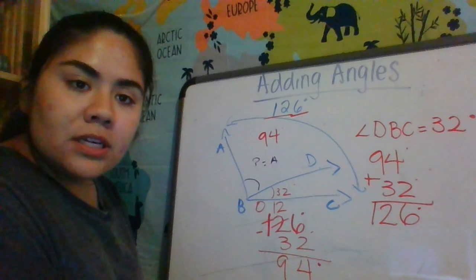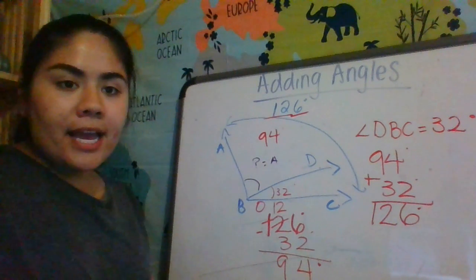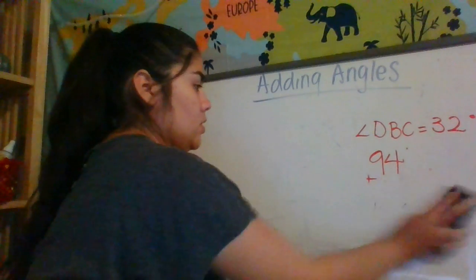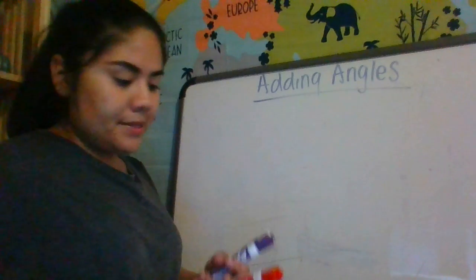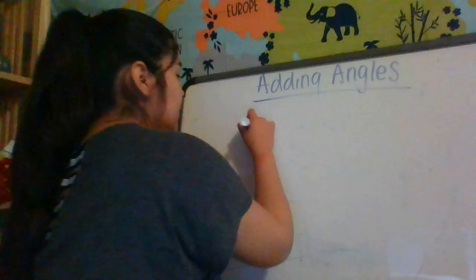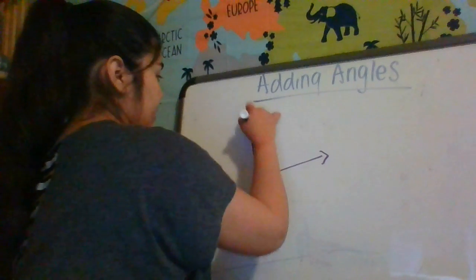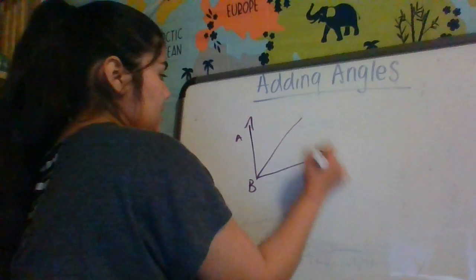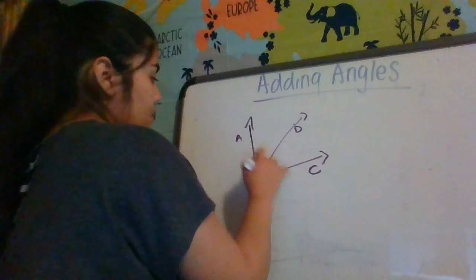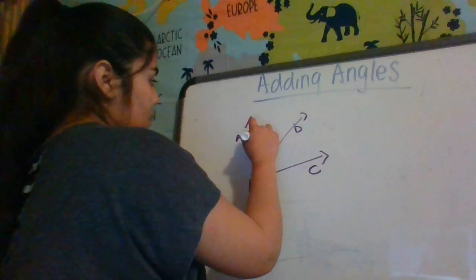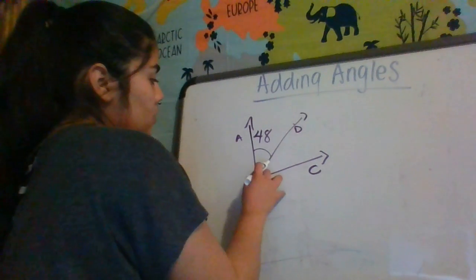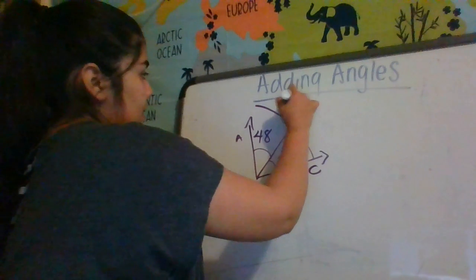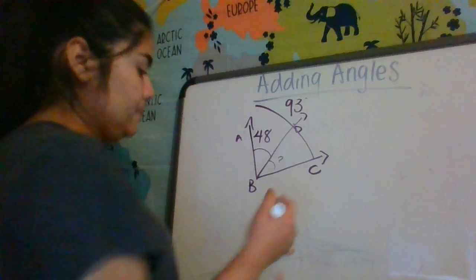It's pretty simple. I'll show you how to do another one, and that's going to be it for today's lesson. This is what you're going to have to do. Let's try it. Let's see, the angle here is ABCD. They're going to give us this one, which is going to be 48. We want to find this angle, and altogether it is 93 degrees.